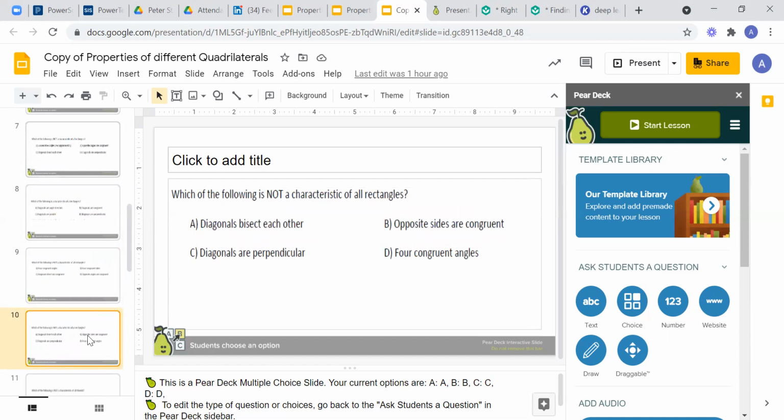Sue, which of the following is not a characteristic of all rectangles?